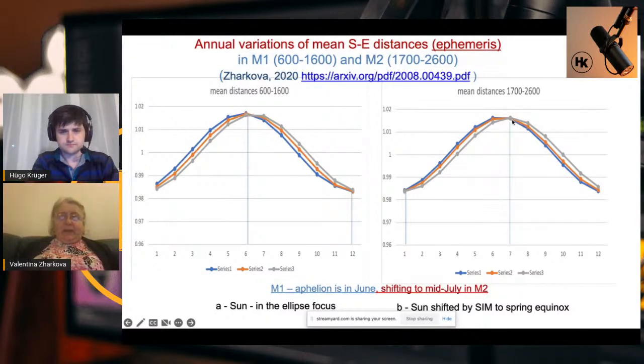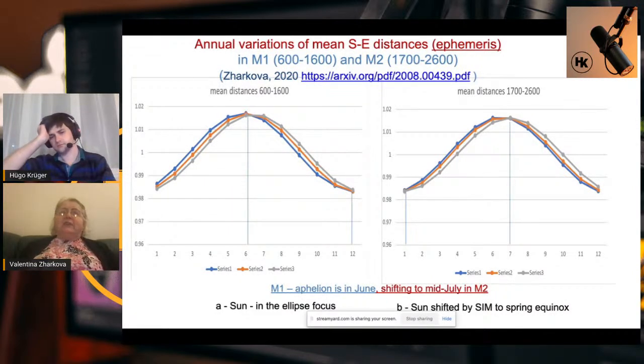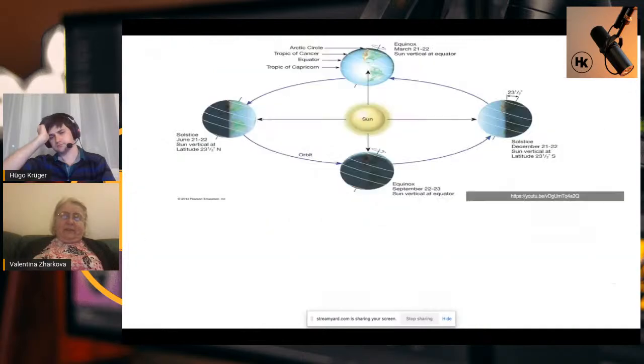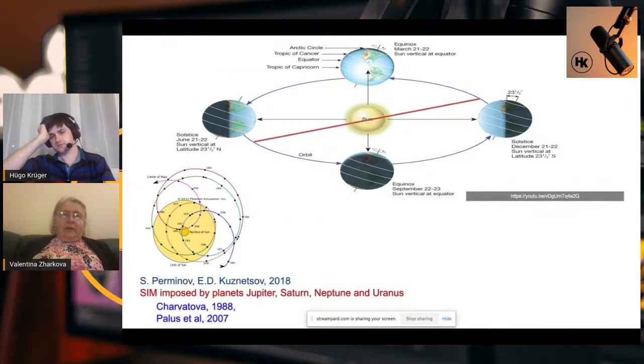But in this millennium, the longest distance is actually in July. And this is why this extra month of heating gives us extra heating of 20-25 watts per square meter for the whole planet, or 10-12 watts per square meter for each hemisphere.